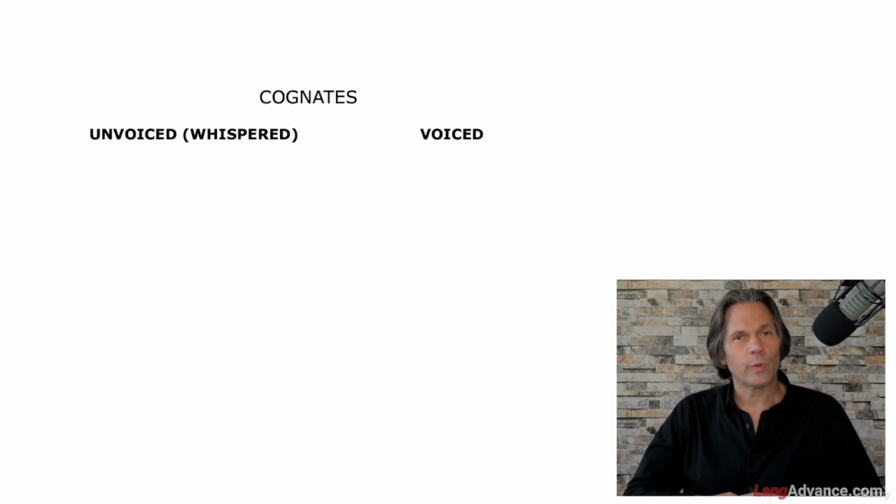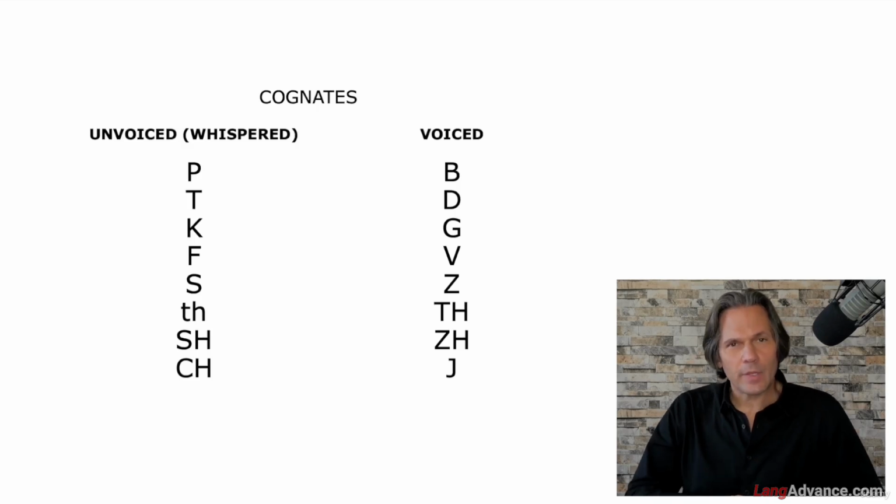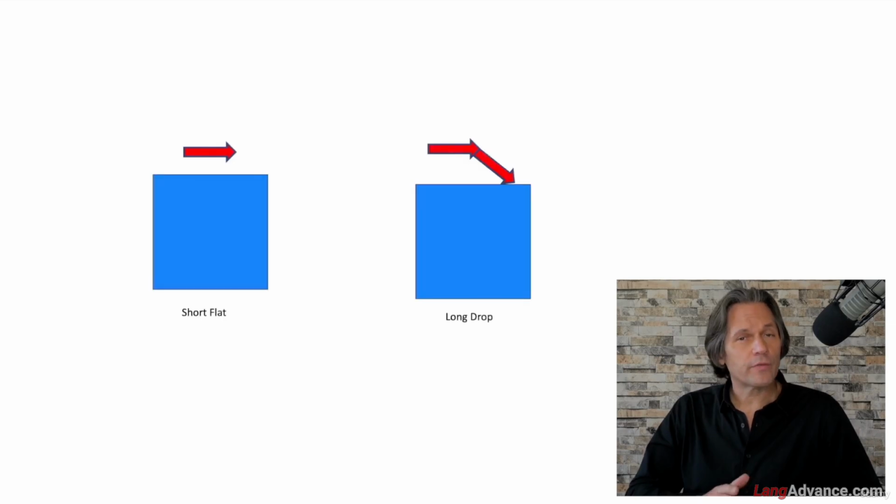We talked in the last section about cognates, pairs of consonant sounds, one of which is unvoiced and the other is voiced. For example, the unvoiced sound T and the voiced sound D. In fact, we looked briefly at all of the cognates. And in this section, we looked at the two pitch tones. We just finished looking at the short flat tone, which is used in syllables that end with unvoiced consonants.